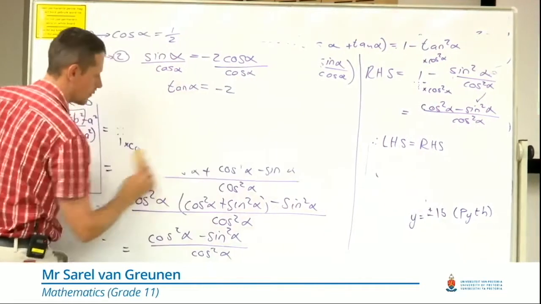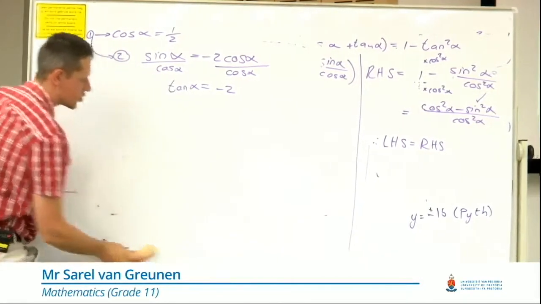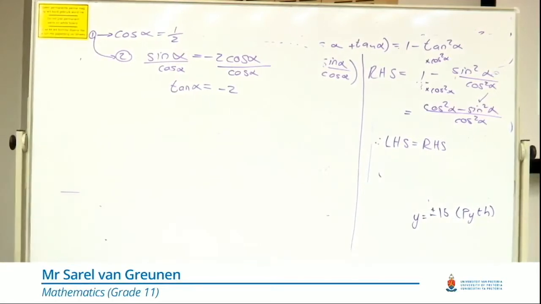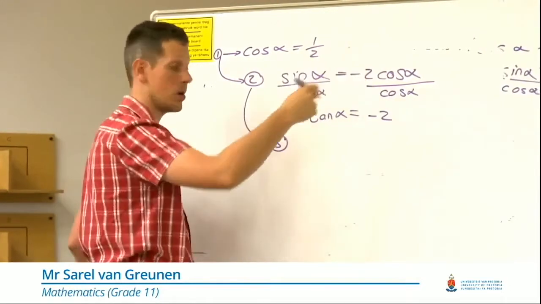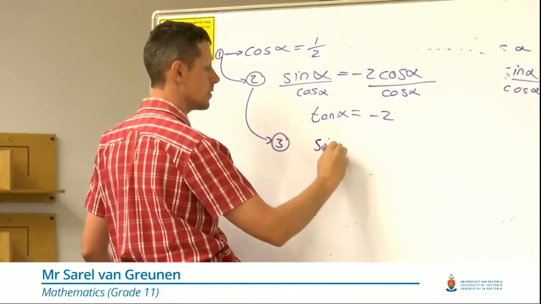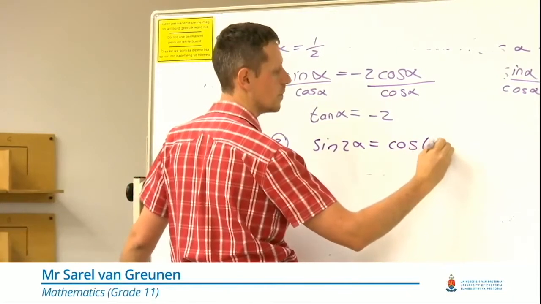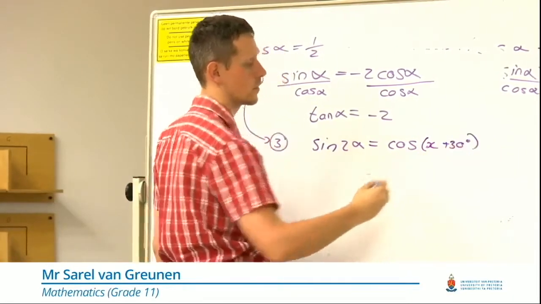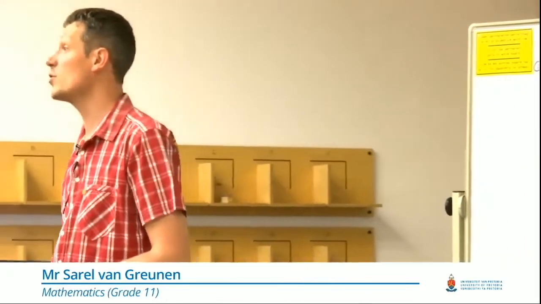Let's have a look at the third type. And I want you guys to make a very, very, very big star next to the third type. Because guaranteed next year when you get to grade 12, your grade 12 teacher is going to try and catch you out with this one. The third type is when I've got sine and cos, but the angles are not the same. Okay? Now, why do I say that they're going to try and catch you out in grade 12?